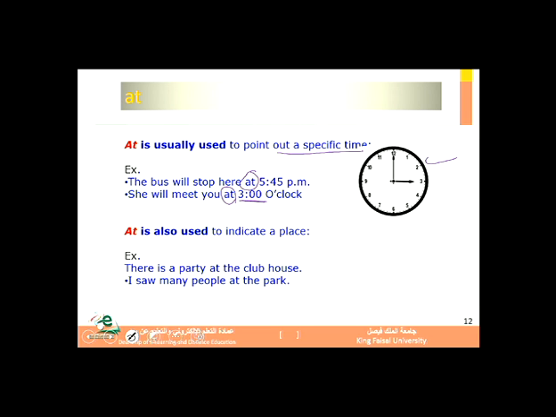There is another use for this preposition. At is used to indicate a place. So sometimes with time and sometimes with place. There is a party. Where? This party is at the clubhouse. This clubhouse is a place, so it indicates a location.